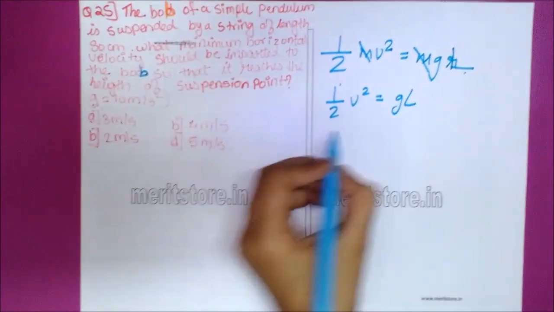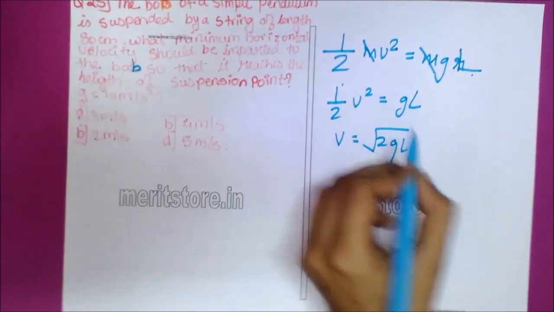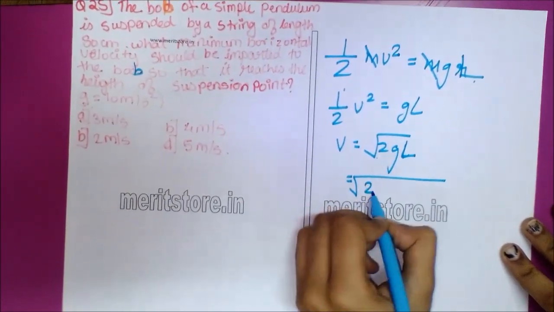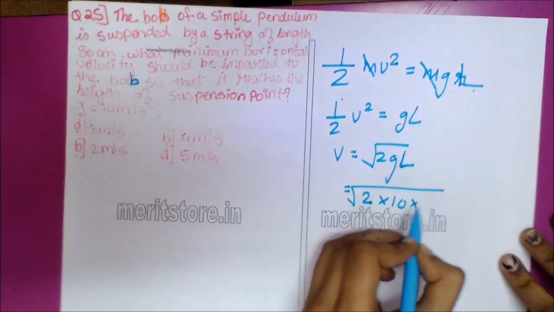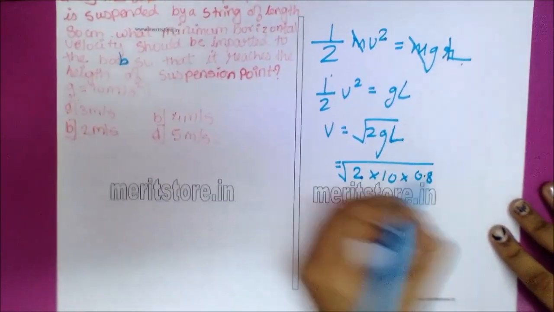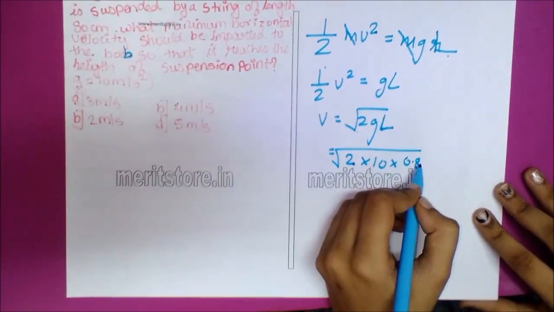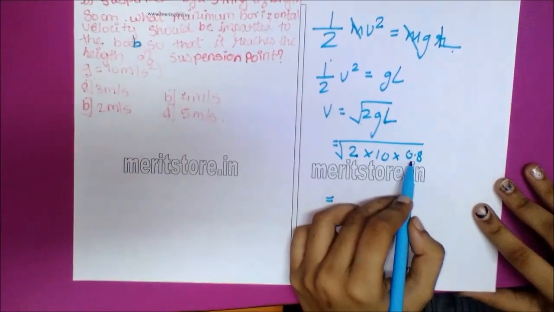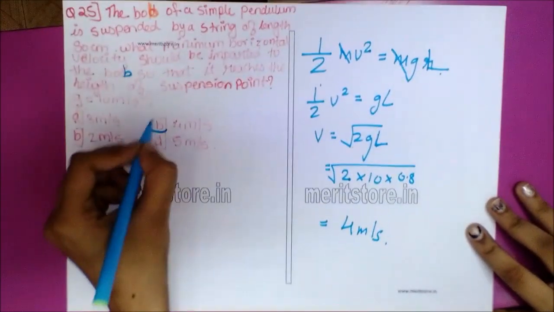Therefore v is equal to root of 2gl, which is root of 2 into 10 into 0.8, because we have been given 80 centimeters, so we convert it into meters and write it as 0.8. When we solve this we get 4 meters per second. Option B is the correct option.